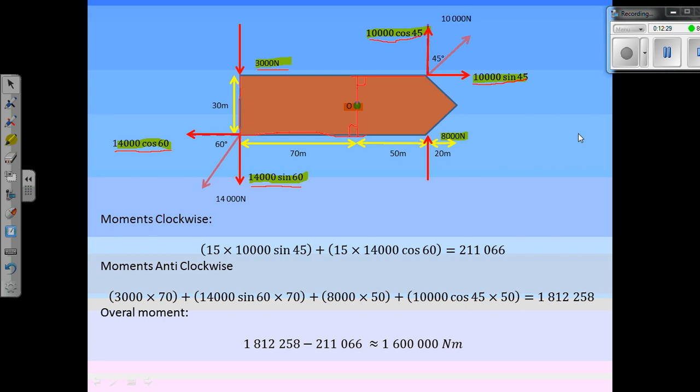So, yeah, there's the resultant moment going clockwise, anti-clockwise even, 1.6 million Newton meters.